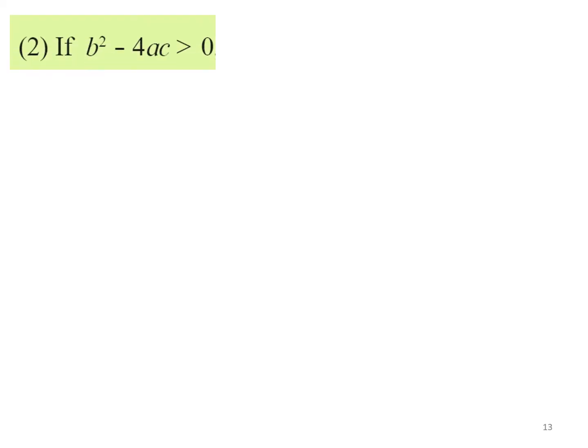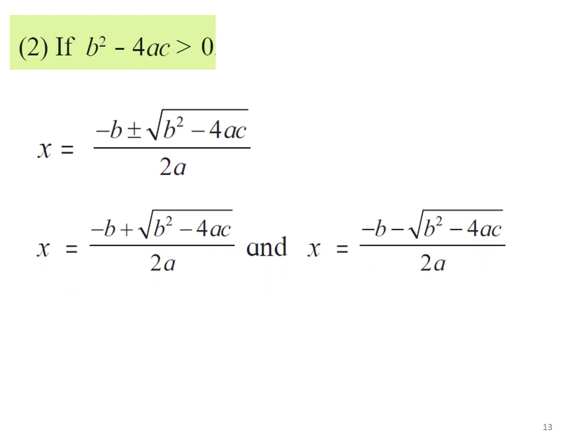Next one, if the value of b square minus 4ac is greater than 0. So x is equal to minus b plus or minus under root b square minus 4ac upon 2a. We get two different values. x is equal to minus b plus under root b square minus 4ac upon 2a, and x is equal to minus b minus under root b square minus 4ac upon 2a.